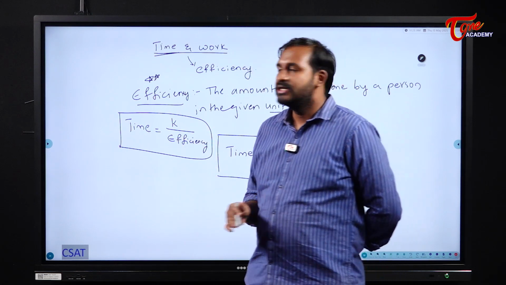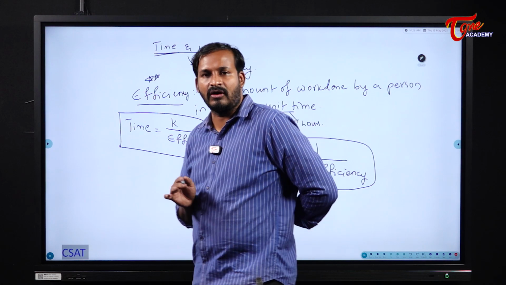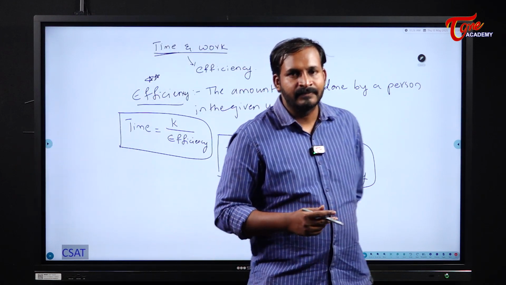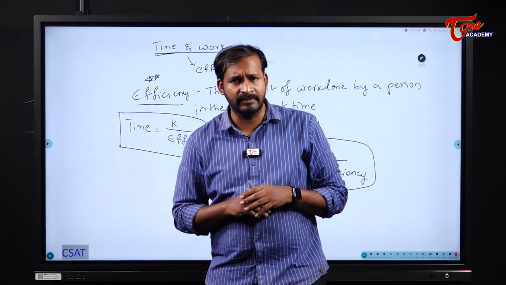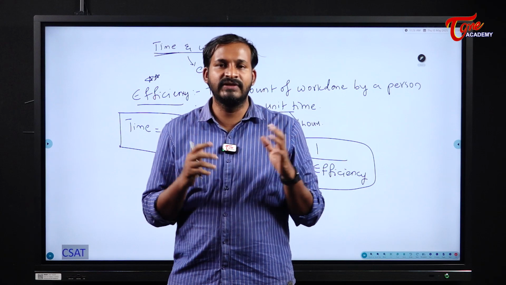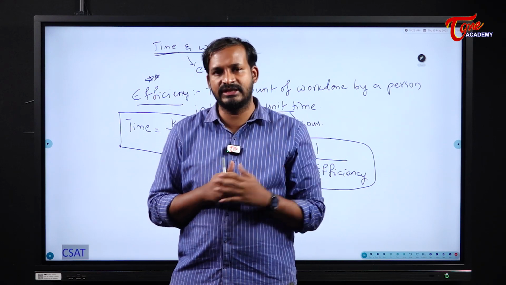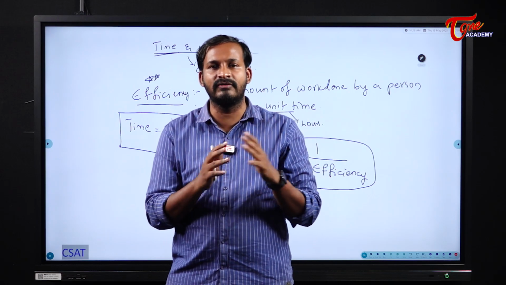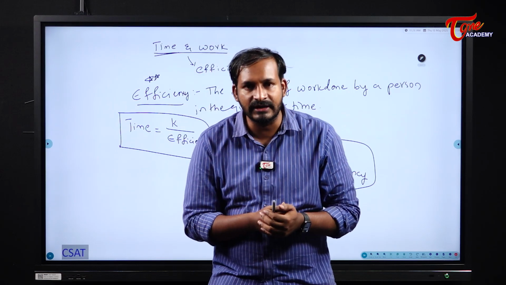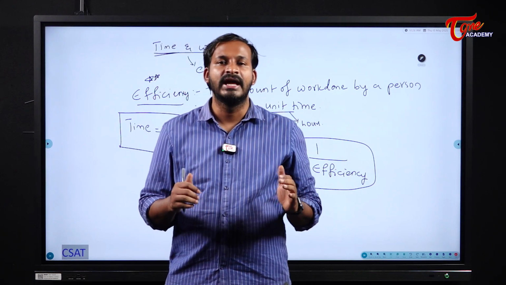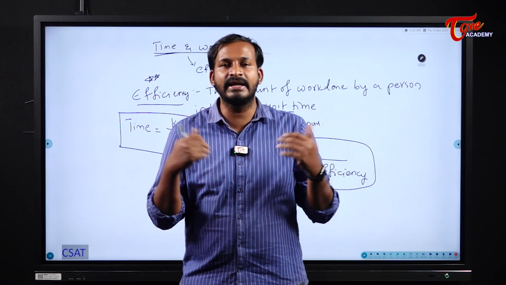Now see here students, in this entire time and work concept, what will be the constant thing? For example, if you want to compare the efficiency of two persons, what is the first thing you will do? Will you give them the same work, or will you assign them different work? Definitely we should assign them the same or a similar work, and only then can I start comparing their efficiencies.